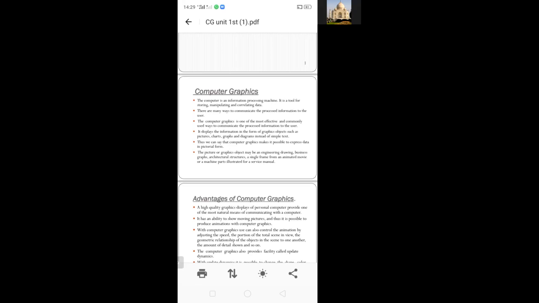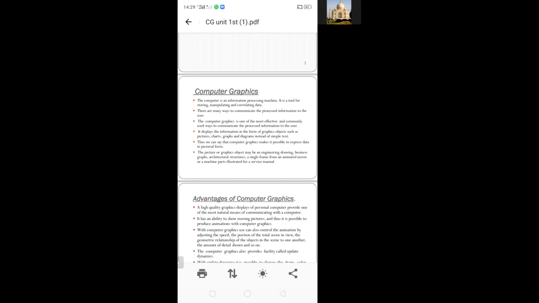That is why computer graphics is an important concept as far as computer systems are concerned. It displays information in the form of graphical objects such as pictures, charts, graphs and diagrams instead of simple text.